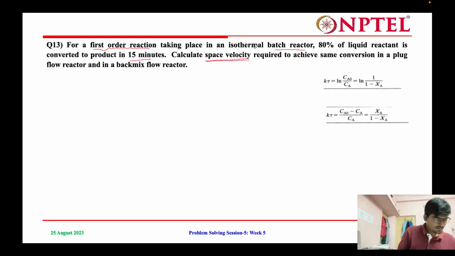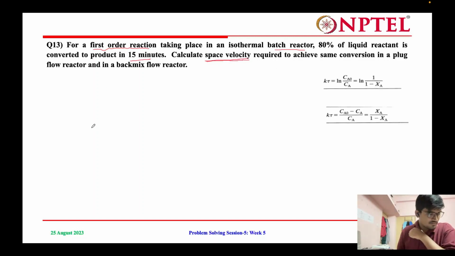So, first order reaction in a batch reactor. The performance equation is k tau equals ln 1 by 1 minus XA. So t is given as 15 minutes and XA is 0.8.